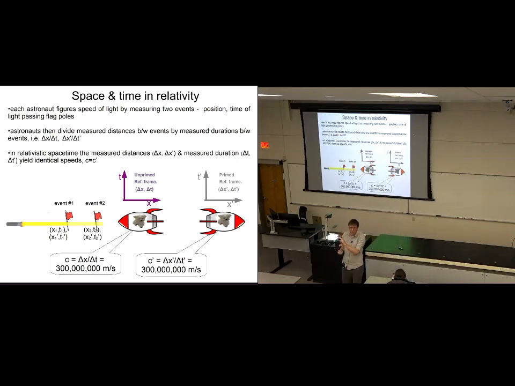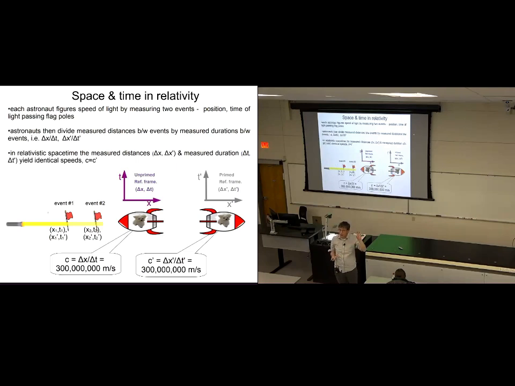So this is telling us that to get the same speed for the astronaut going towards the left and the astronaut going towards the right, there must be something strange, counterintuitive, non-intuitive about their measurements of the time interval between passing the two flags and the spatial distance between the two events, the light passing the two flags.